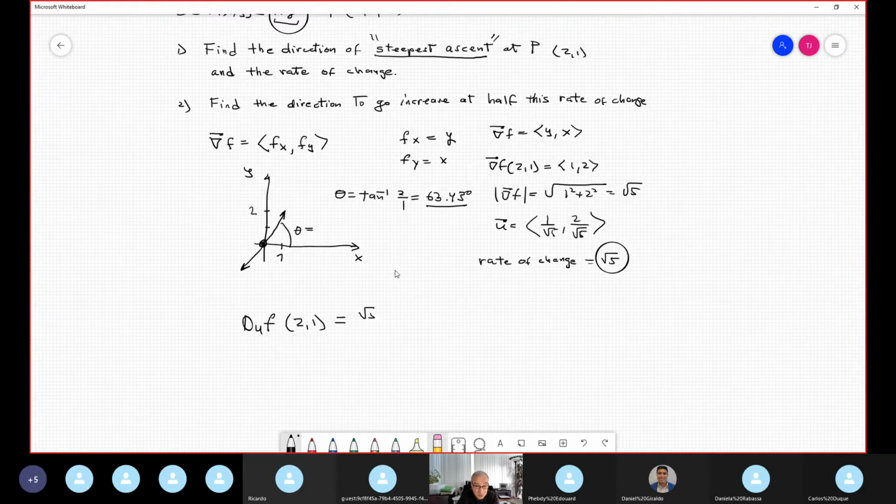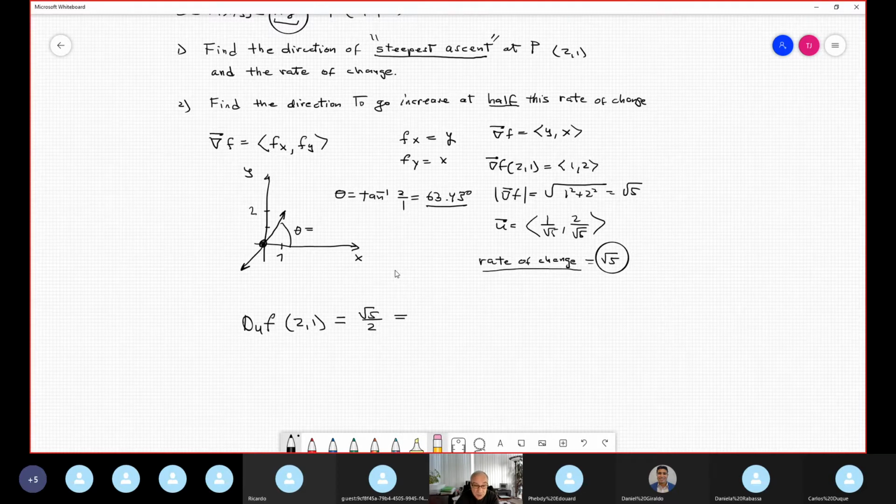Half of radical 5 is radical 5 over 2, no? Radical 5 over 2. Half of this. So when you move in the same direction as the gradient, the rate of change is radical 5. I want to investigate now, when you're moving in another direction, I have no idea, the new rate of change is a half.